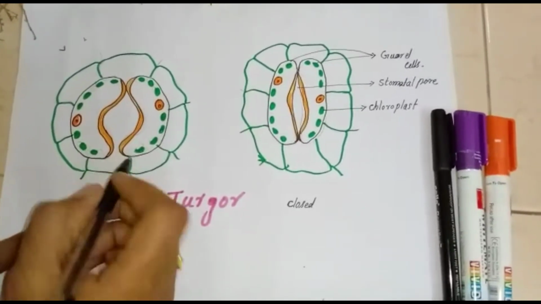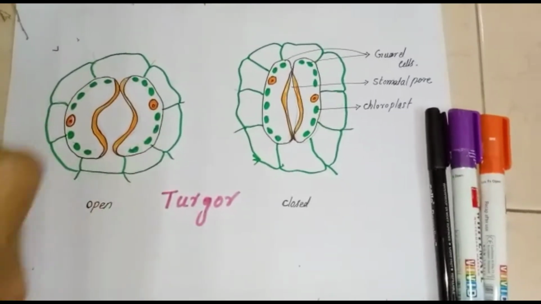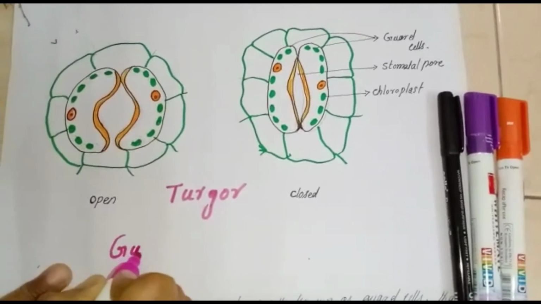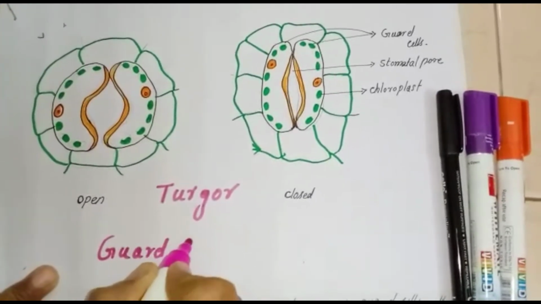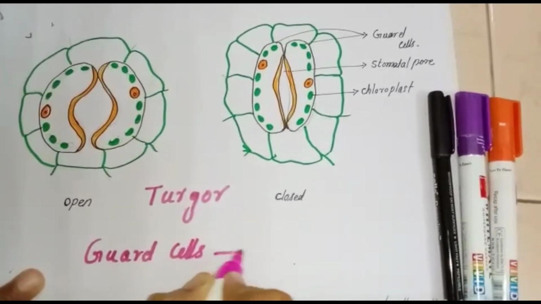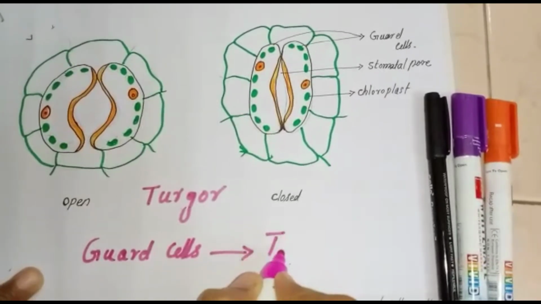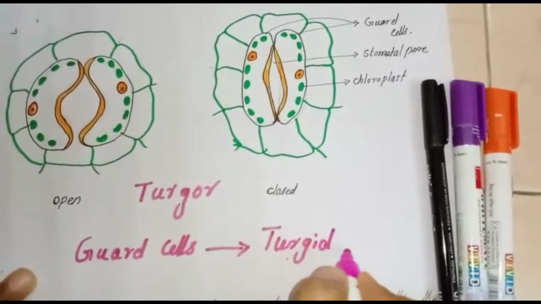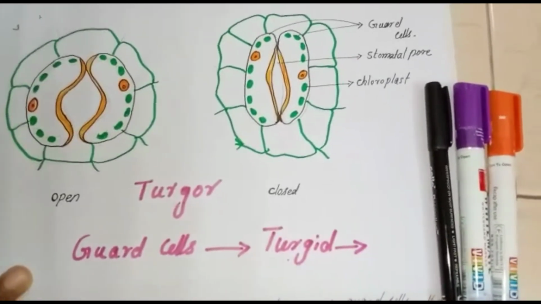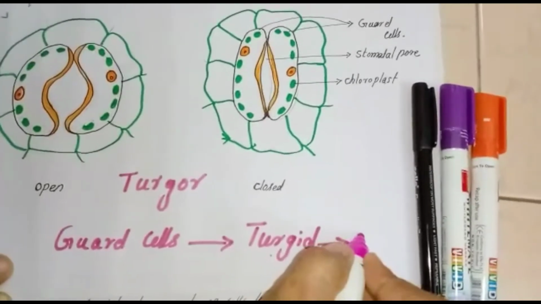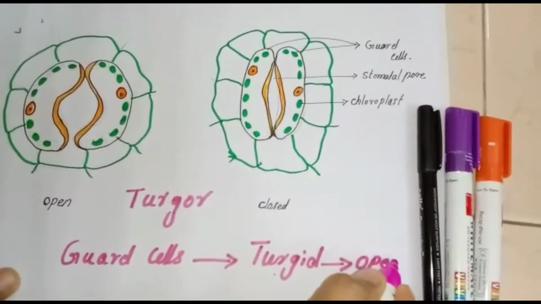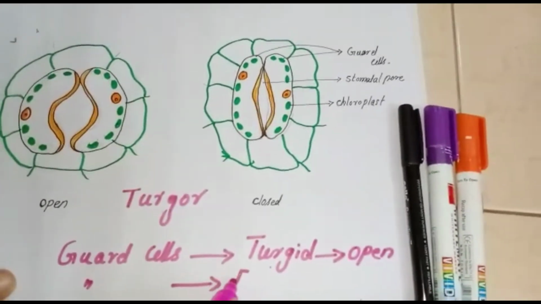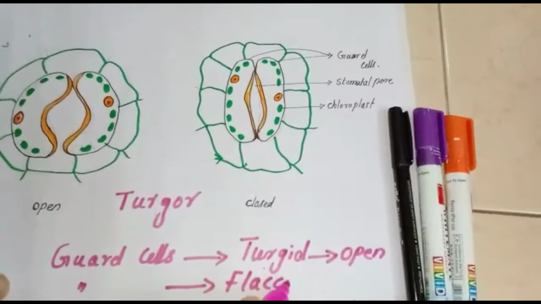When guard cells are turgid, the stomata open. When guard cells are flaccid. What is the meaning of flaccid?